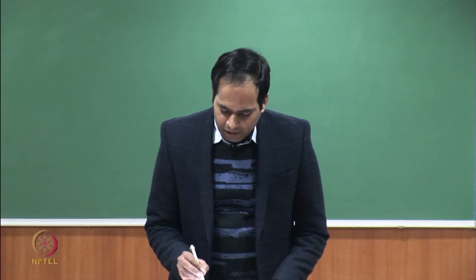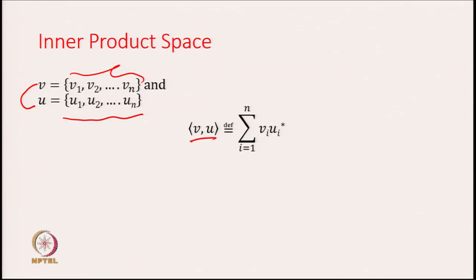Now, if I have to take the inner product between the two vectors, I can define it as follows, by definition. It simply means that I need to pick up an element from vector v. Let us say I have taken the first element from vector v. I need to multiply it with the corresponding element from vector u, that is u1, but this number comes with a conjugate, and then I need to sum this up.